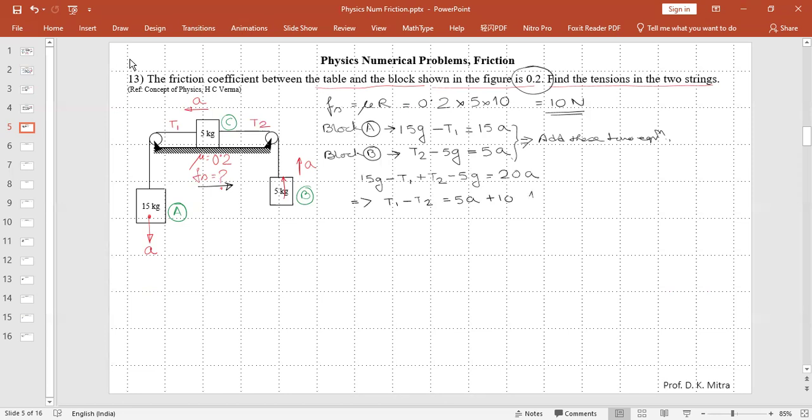Let's say this is equation 1. From here you can find out 5A plus 10, because the value of G is 10, you know.